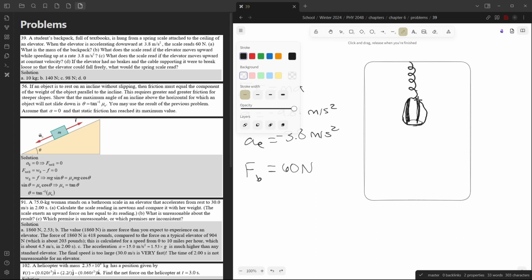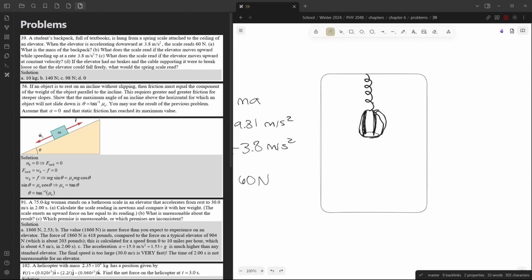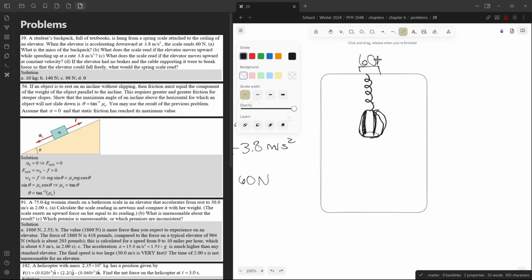Maybe there's extra storage or something. Anyway, and then you can see the force on the scale, it's reading out 60 newtons.